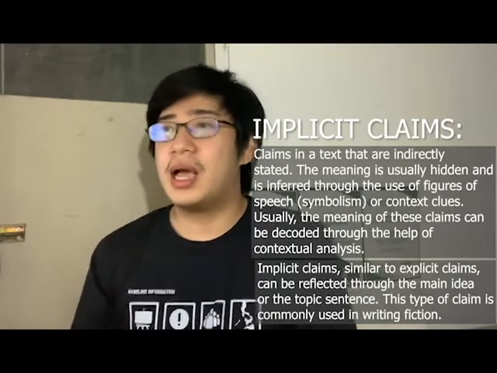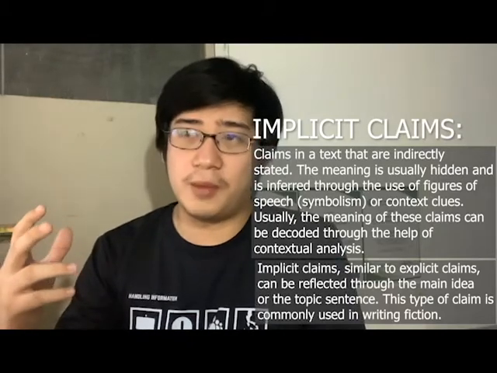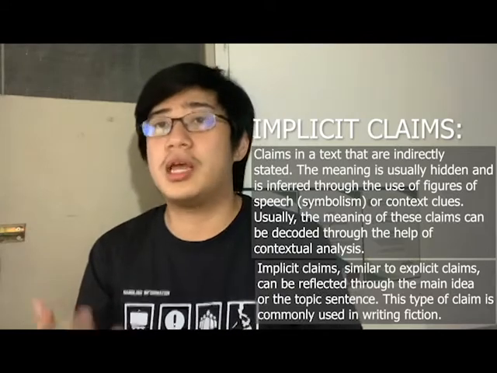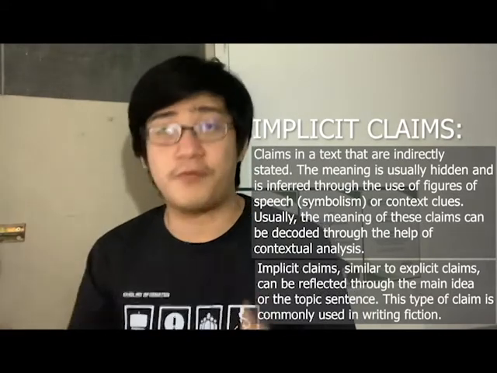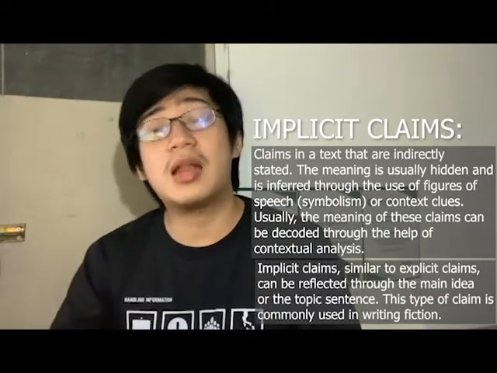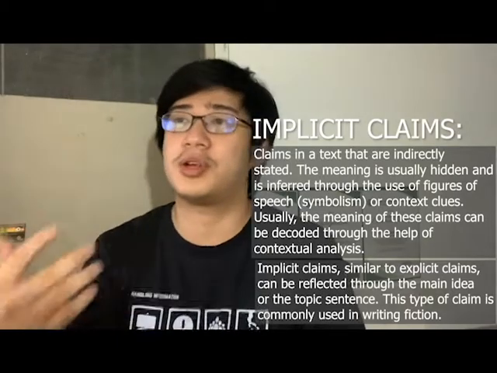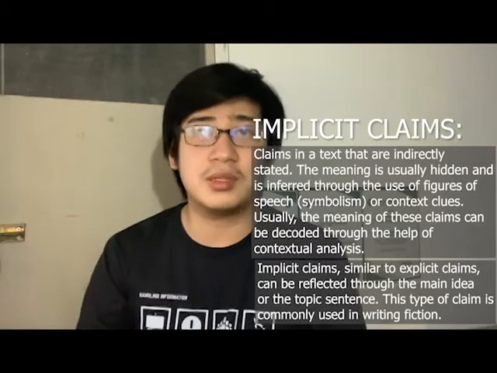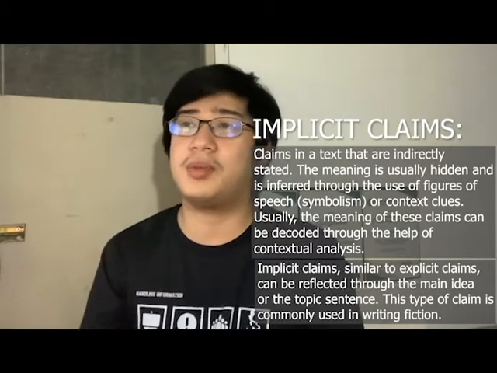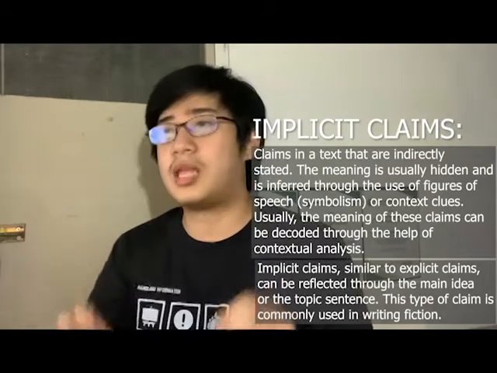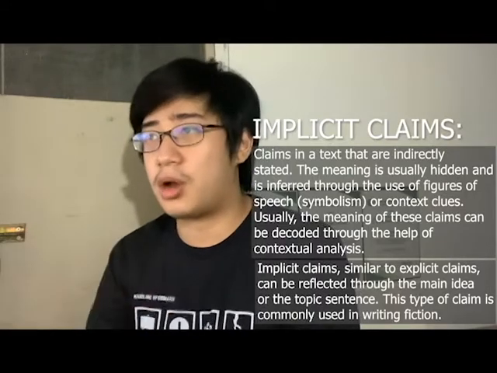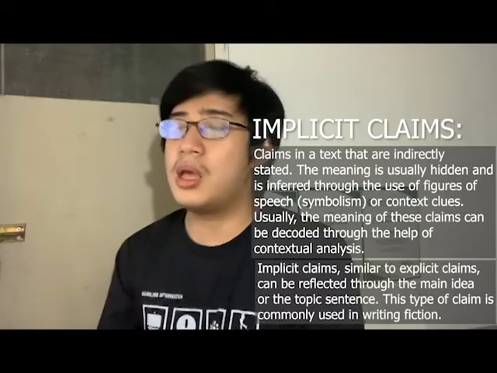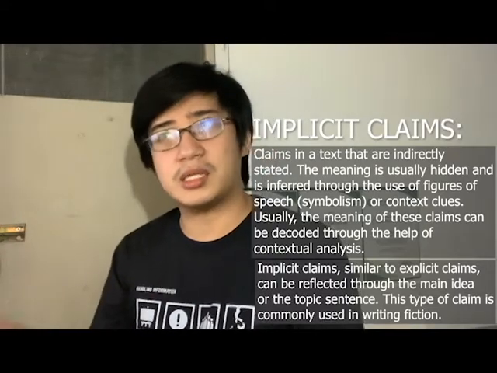Now, implicit claims either use symbolisms or context clues in order for the reader to decipher the underlying meaning of this certain text. Usually the meaning of the implicit claims can be decoded through the help of contextual analysis. We will talk about that in the later topic of this module, but let's take a look at these examples first.